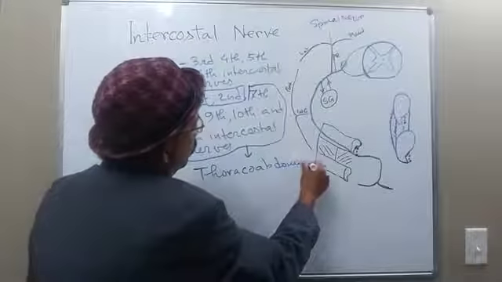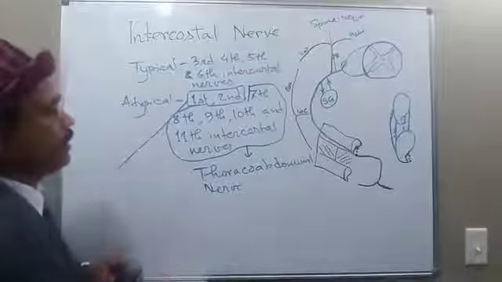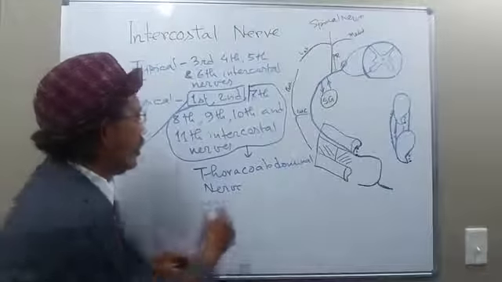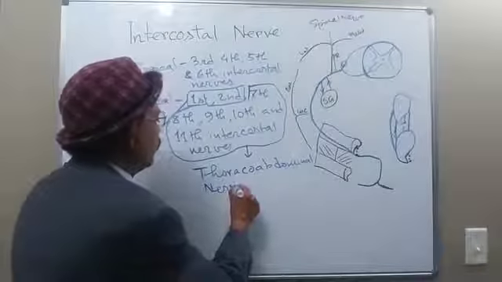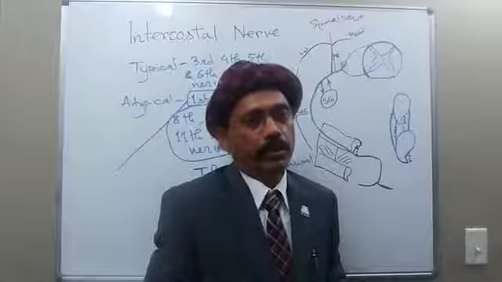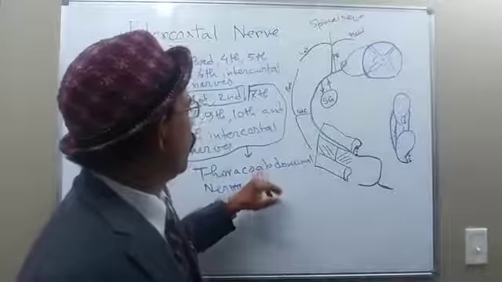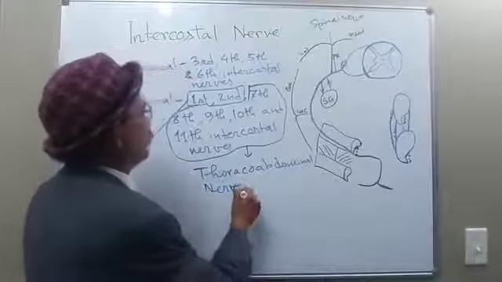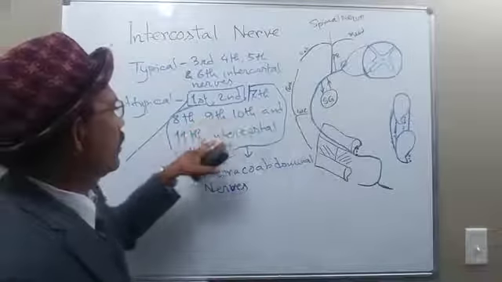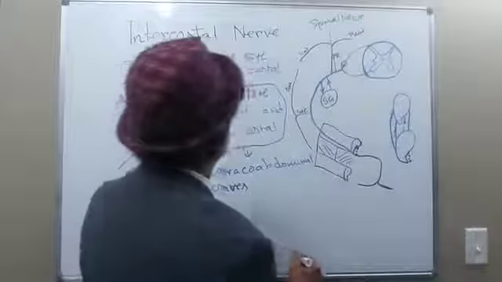So the 7th, 8th, 9th, 10th and 11th intercostal nerves are called thoraco-abdominal nerves because they innervate the thorax and abdomen. The anterior abdominal muscles are getting innervation from the thoraco-abdominal nerves from T7, 8, 9, 10th and 11th intercostal nerve. Then we'll get a term called subcostal nerve.